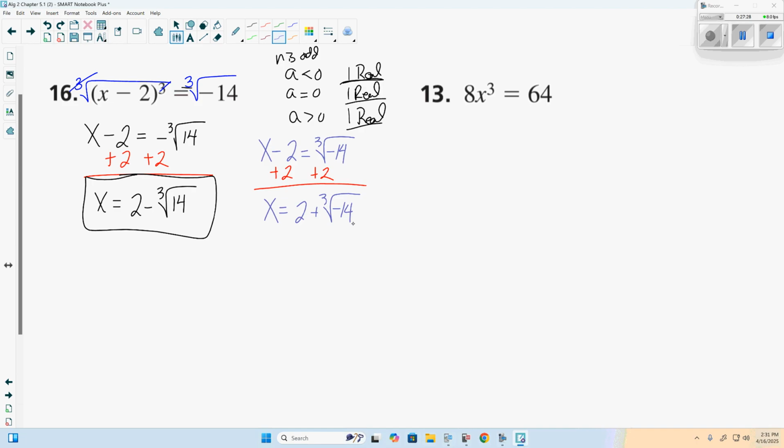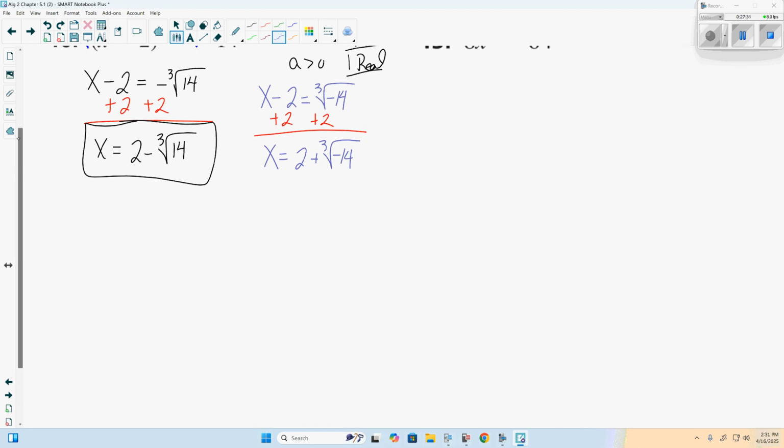Now, specifically, I'm going to look at the cubed root of negative 14. Well, negative 14, are we comfortable with saying that's the same as negative 1 times 14? Yeah, because negative 14 is just negative 1 times 14. Well, according to our properties of radicals, two radicals multiplied with the same index, I can split them apart into two separate radicals. Because when they multiply together, we get the numbers inside. Now, the cubed root of negative 1. We've already seen the cubed root of 14.